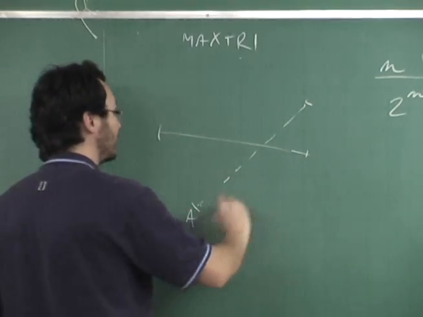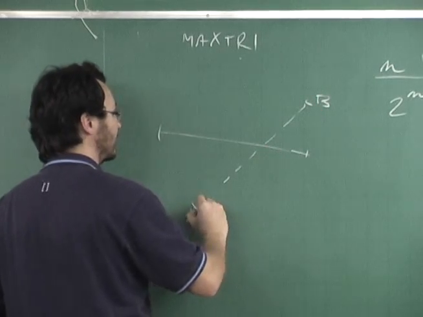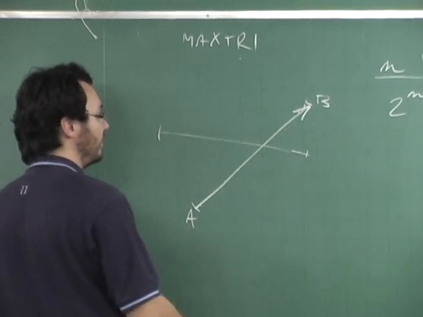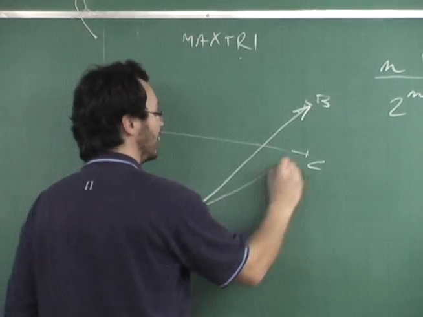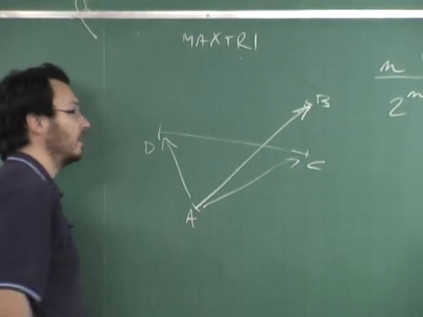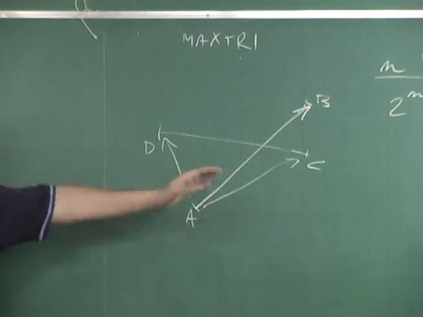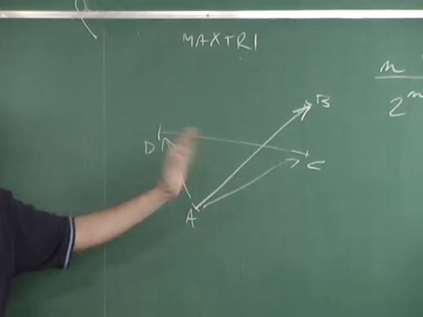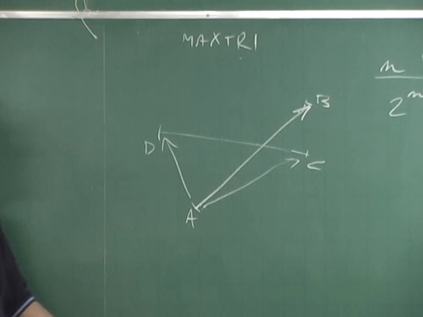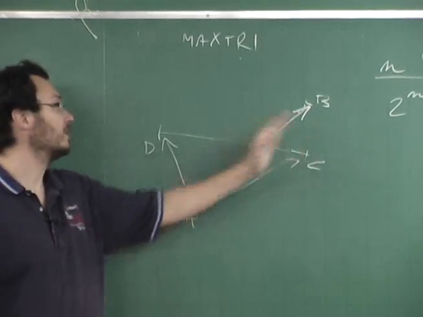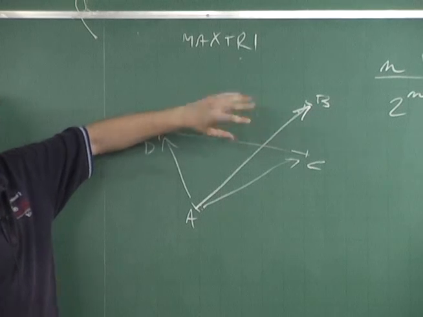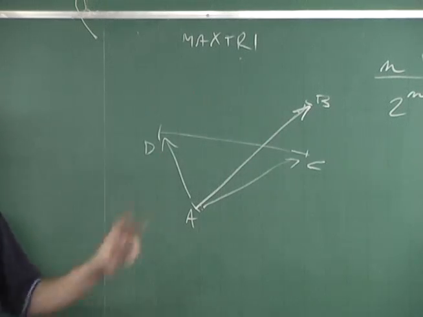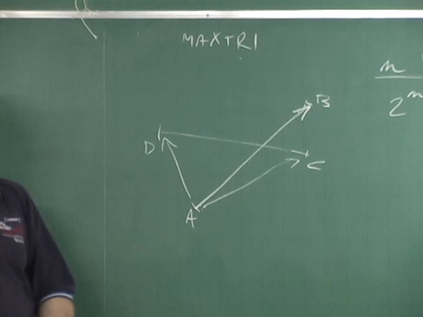You can take this one segment as a vector AB, and you can now take these vectors AC, AD, and check whether AC and AD are in different half planes from AB. This will tell you whether the points C and D are in different half planes, and you do the same check the other way around, and if both checks tell you the truth, then these two segments intersect.